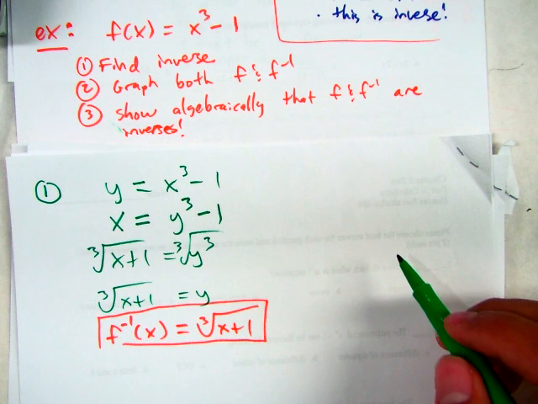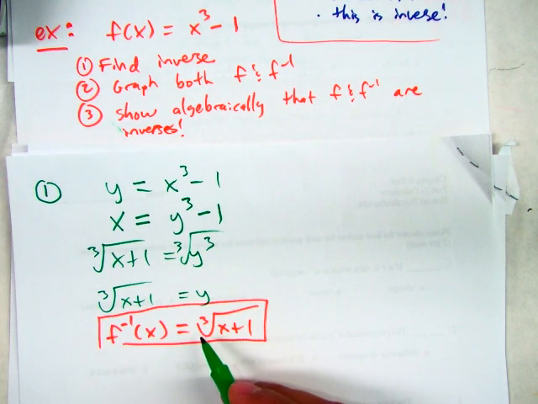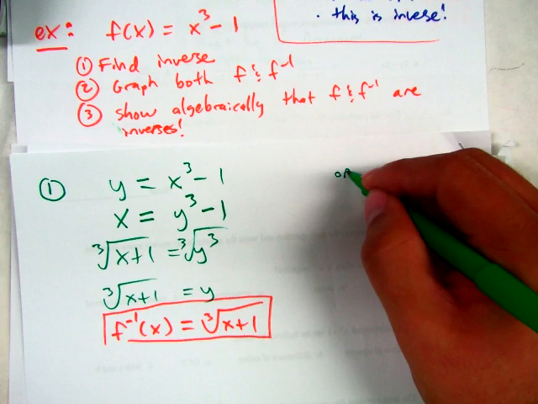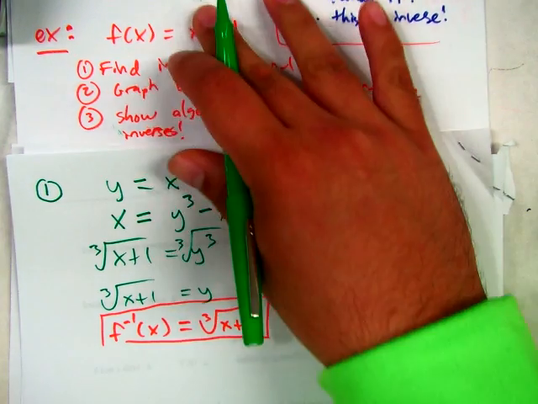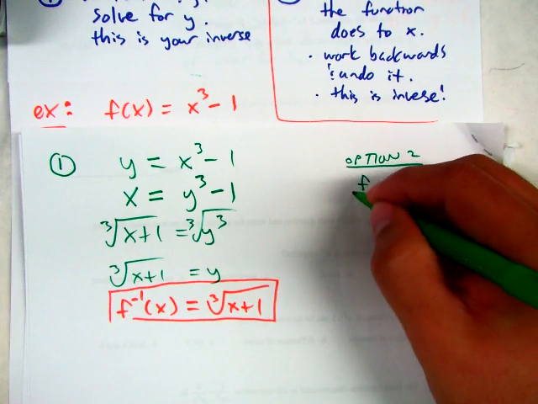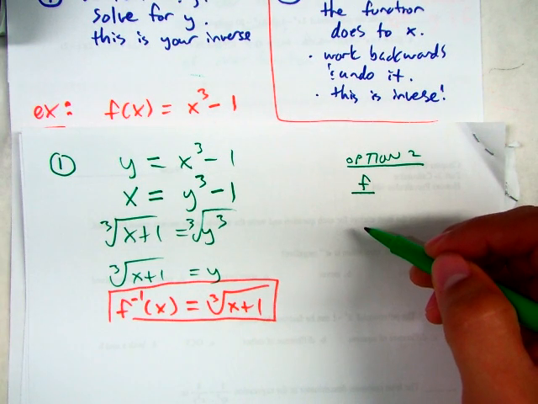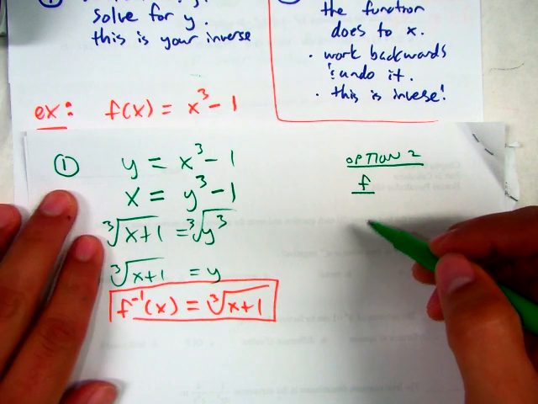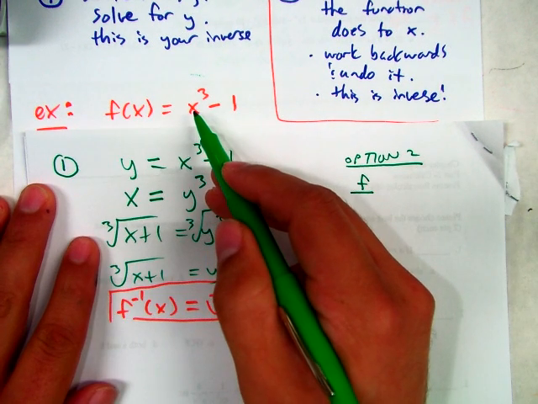So, here's our original function. There's our inverse, yay. We'll graph them later. Here's the other option to finding an inverse. If we look at the original function, here's what I like to do. I just write f, and then underneath it, I write out what steps are being done. If I follow order of operations, the very first thing I do to x is what?